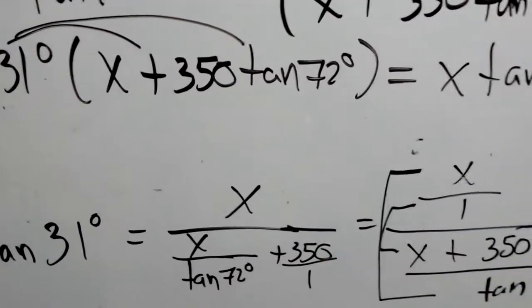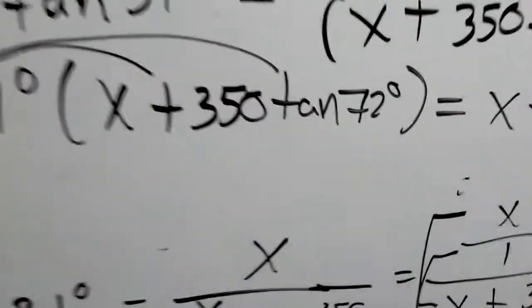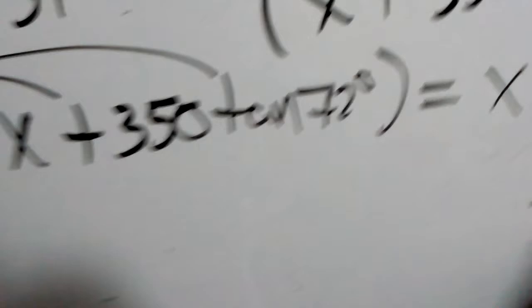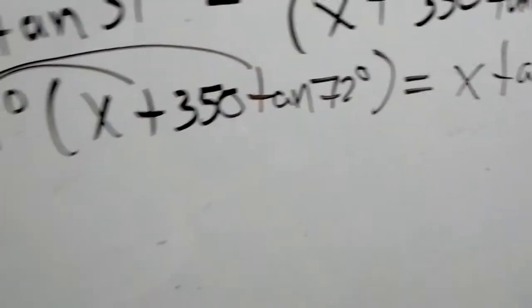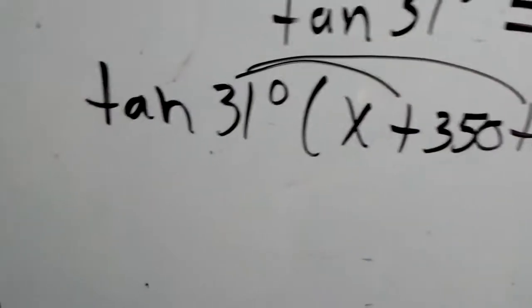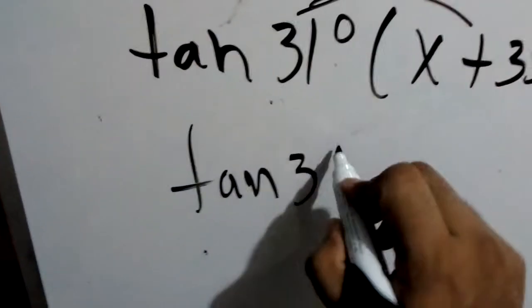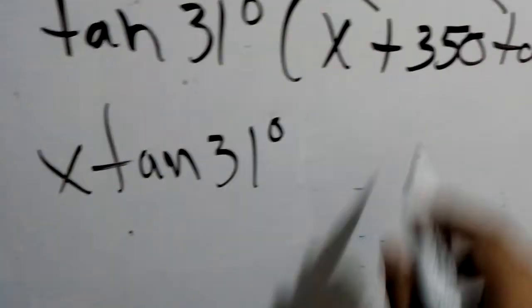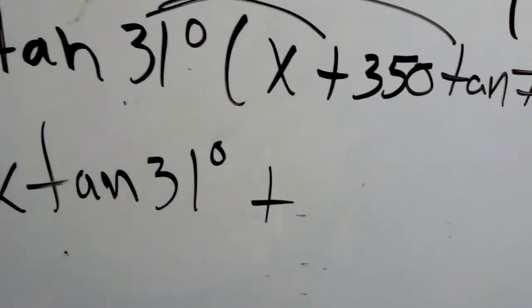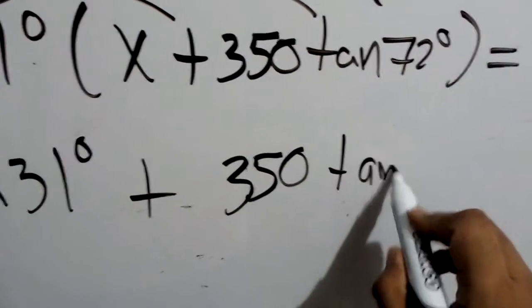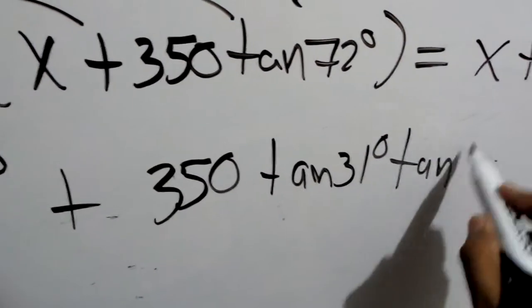Okay, very straightforward. I think I gotta erase again, so let's do it faster, and in the meanwhile try to solve this equation, and let's see if you end with the same result as me. You can pause the video and try it. Now, by doing the multiplication, you get tangent of 31 degrees multiplied by x plus 350 the tangent of 31 degrees multiplying the tangent of 72 degrees.